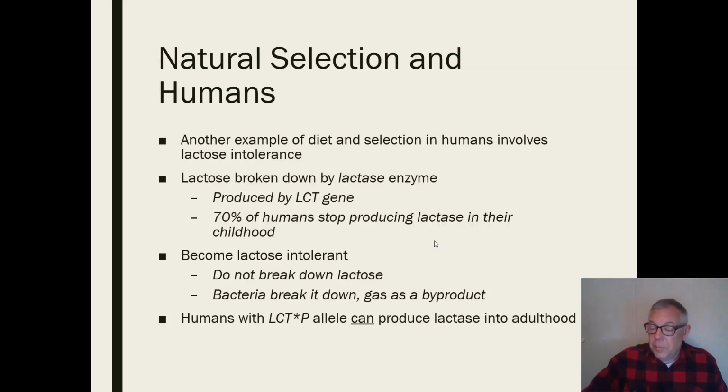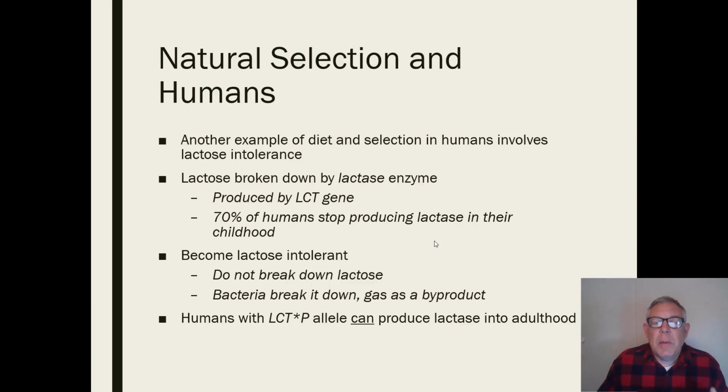Another cool example of natural selection in humans involves lactose intolerance. So lactose is another carbohydrate, and it's broken down by an enzyme called lactase, and that's produced by the LCT gene, right? So very similar example to what we just talked about, but just a different carbohydrate.